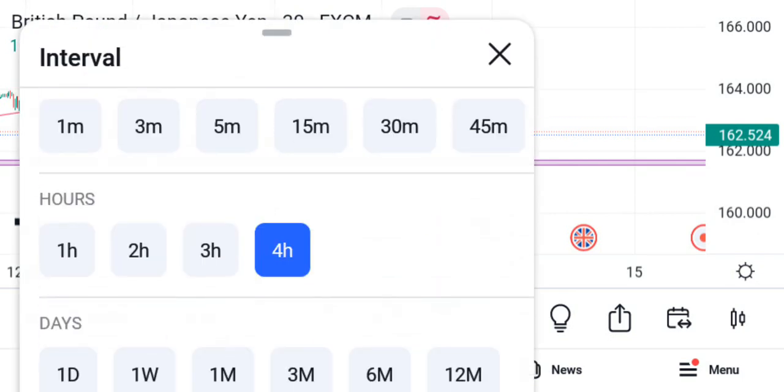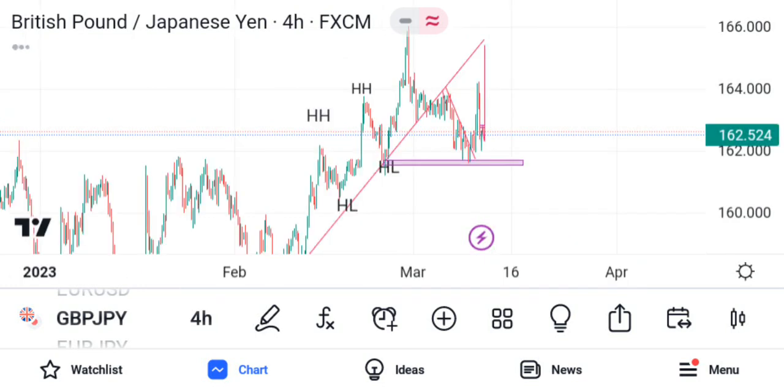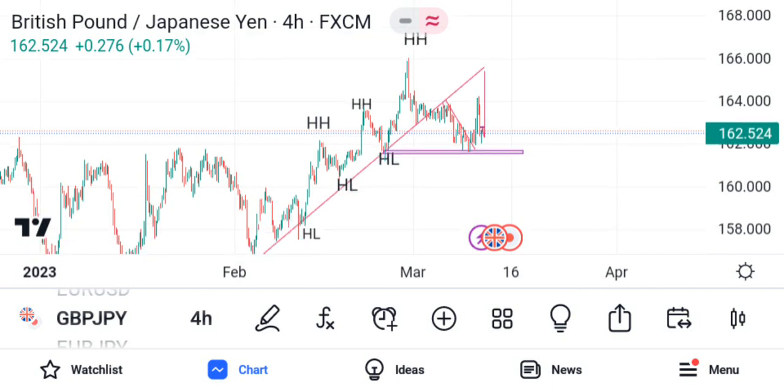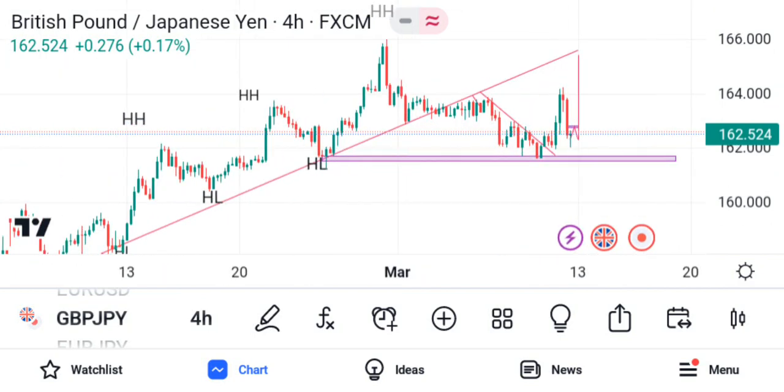Once you see that happening, you go down to the 30 minutes to look for an opportunity for a market structure change. But first of all, there must be a trend line break. Now take note of this. For every head and shoulders pattern, there must first be a trend line break. So you want to see that happening first before you look for a potential structure change and an entry trigger for you to ride price to the upside.